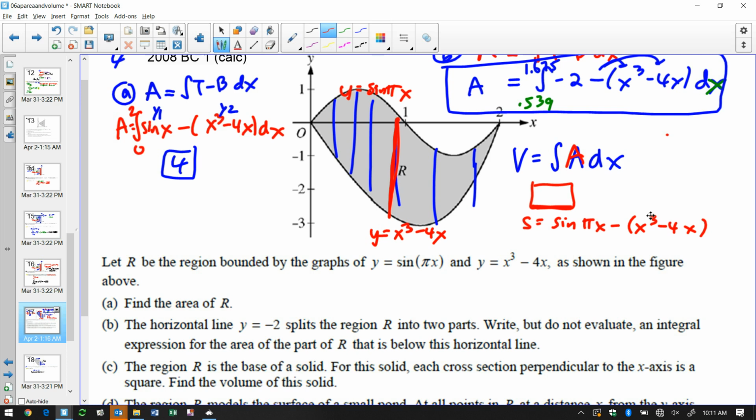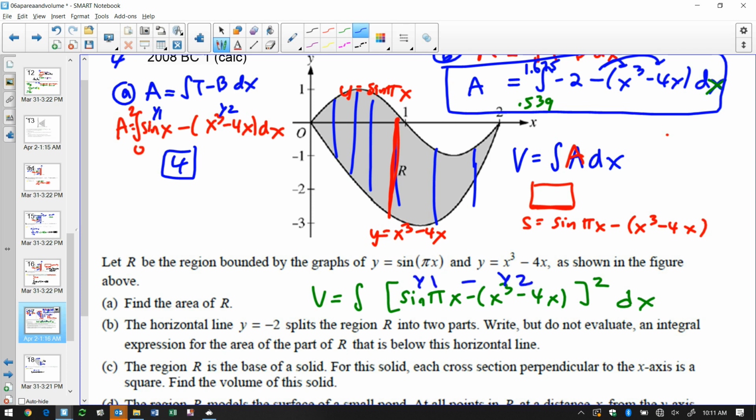Yeah, it's just that squared, right? So the answer is going to be, let me see if I have room here. Volume is equal to the integral of sine pi x minus quantity x cubed minus 4x, take this whole thing, square it, dx, right? And if you're putting this in your calculator, you could just say this is y1 minus y2, right? Because that's how it's stored in your calculator right now.